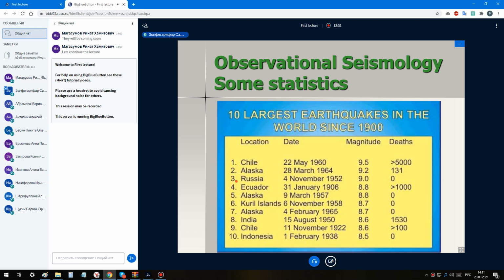First one Chile, second Alaska, third Russia, fourth Ecuador, fifth Alaska, sixth Coral Islands, seventh Alaska, eighth India, ninth Chile, and tenth Indonesia. That's the 10 largest earthquakes in the world since 1900.